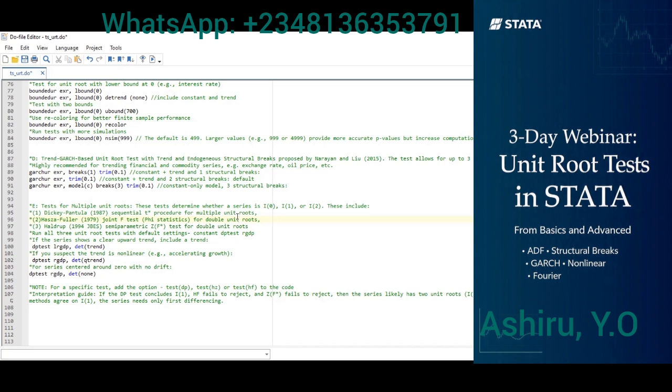We also use them. We compare their results too, to judge whether the series is stationary when we account for structural breaks or not. So those tests always work in a group. They complement one another. They do not work in isolation. So you have to understand that fact. Hope that is clear. Yes. Okay.